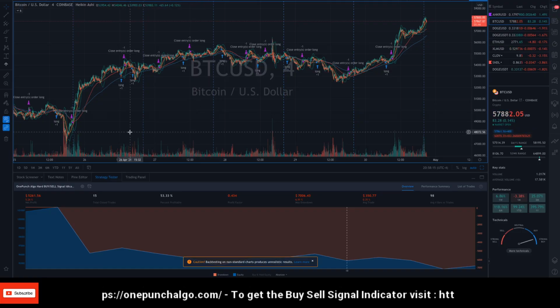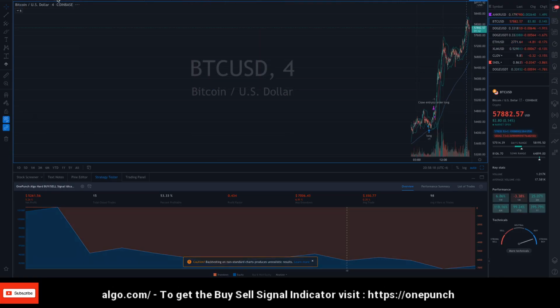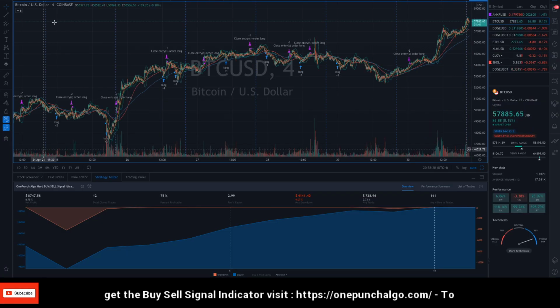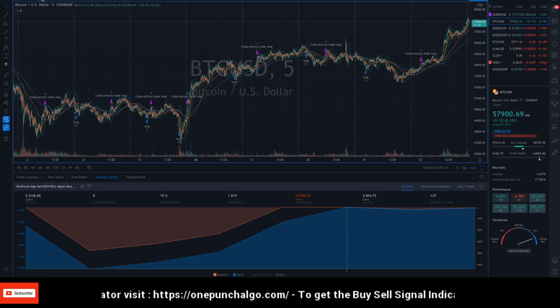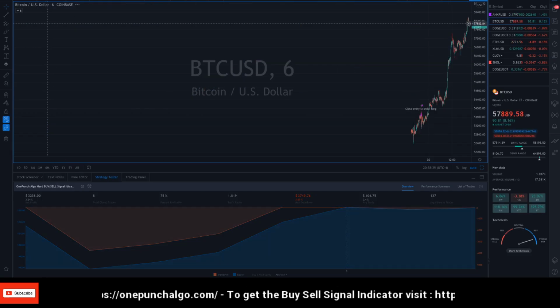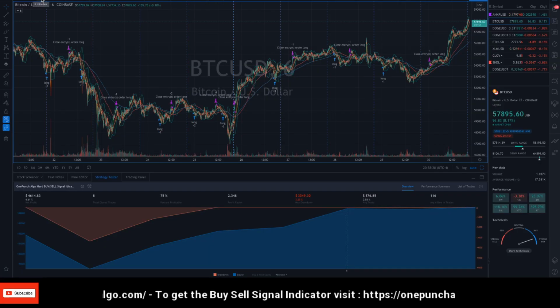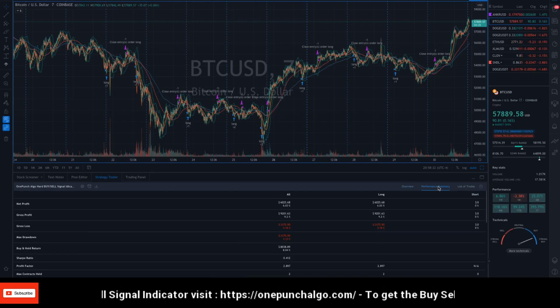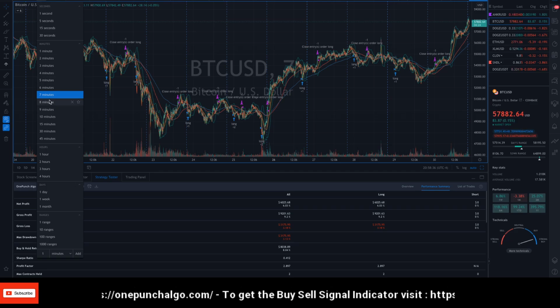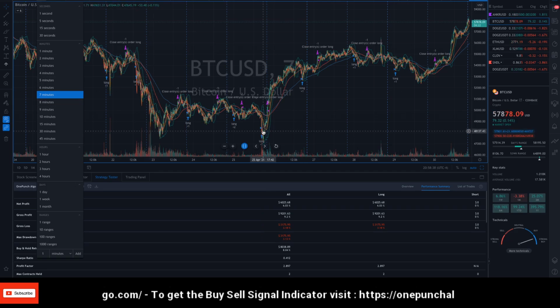All right, going back. Let's go to candlestick. 8.75 for 4 minute. 5 minute didn't do well, so 4 is still the best. 6 is not doing well either. 7, no. But 7 picked this area.